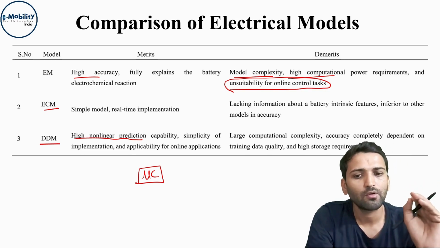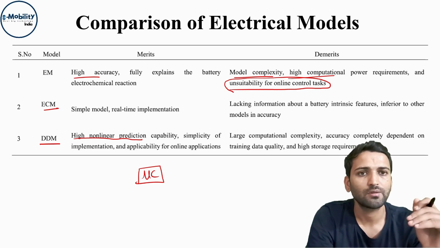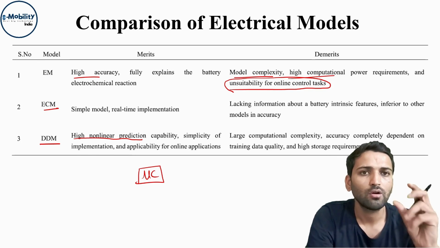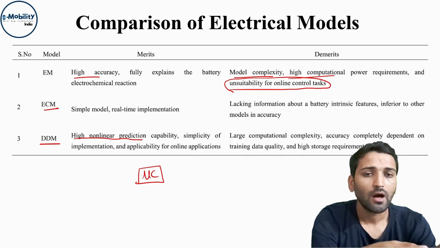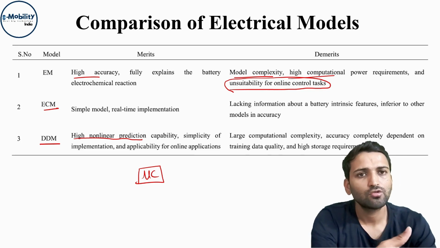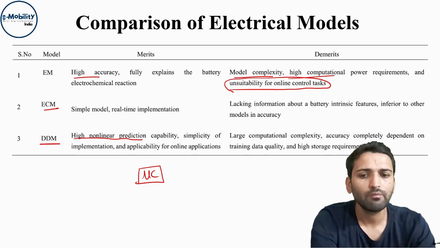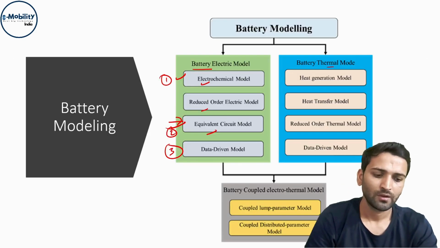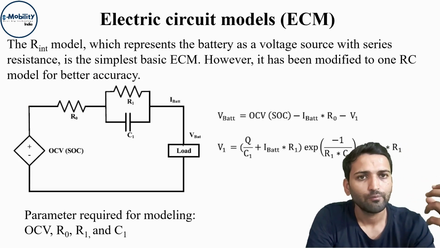But the good thing is that it is simple, and it can be used in a real-time system where it takes less space in the microcontroller. So these are the three main modeling methods, out of which the ECM is used very widely. And today, because computational power is increasing, people are going with the data driven model or the electrochemical model.